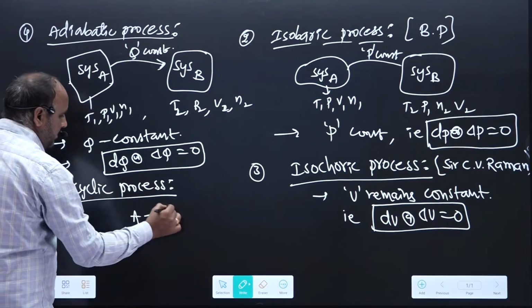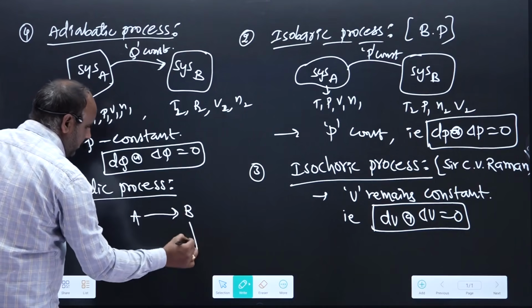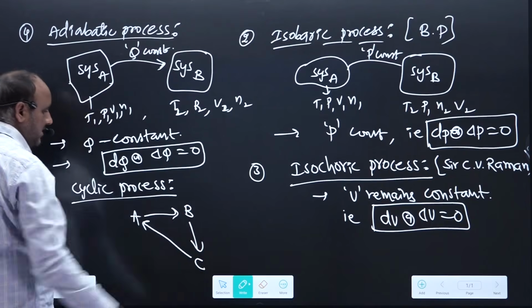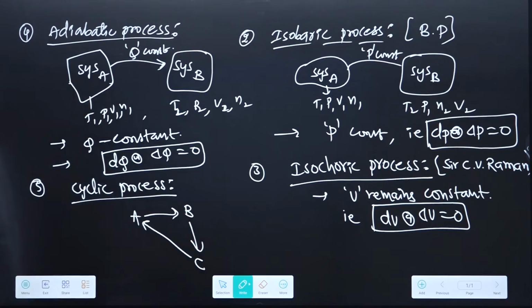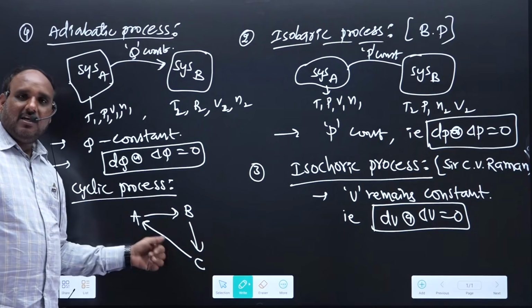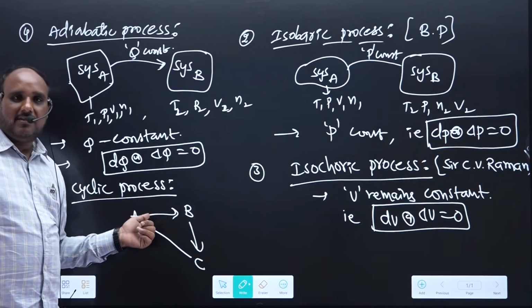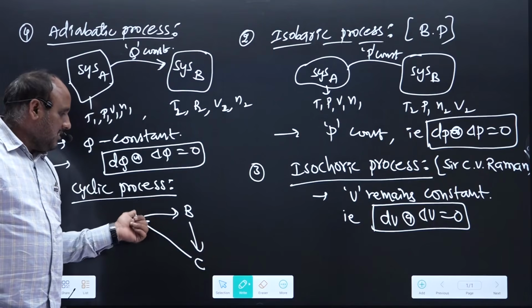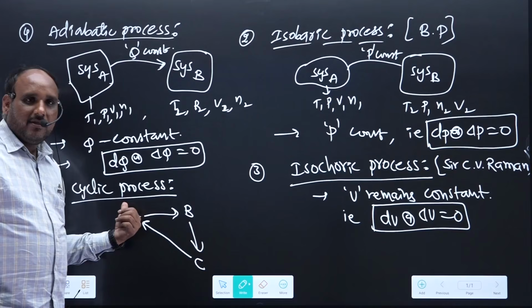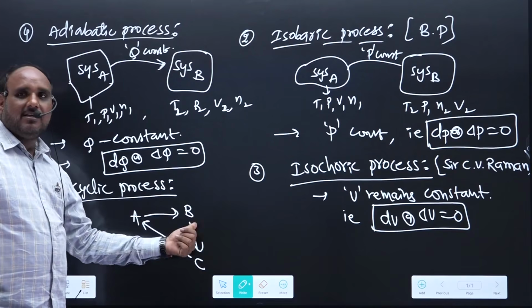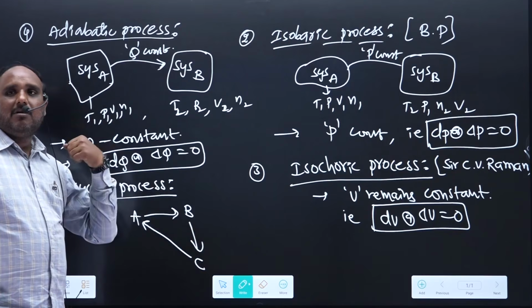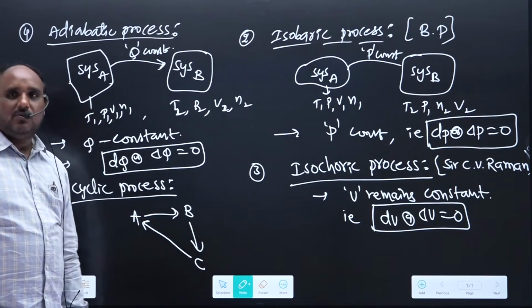System A is converted to system B, system B is converted to system C, and again system C is converted to system A. All the conversions are kept in a cyclic manner. Whenever it is cyclic, all the thermodynamic property changes become 0.